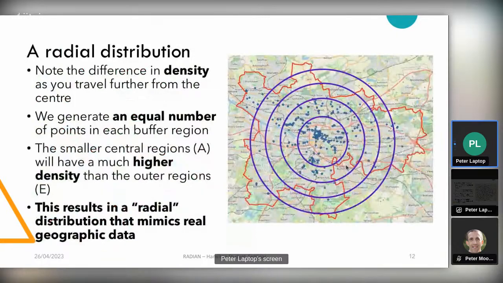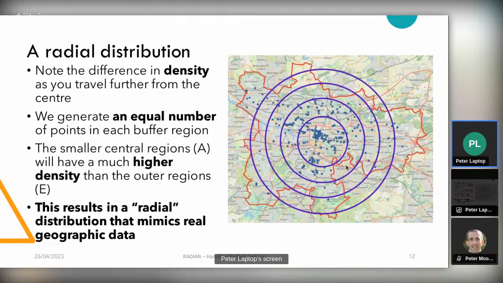So how we try to mimic this radial distribution, as we call it: in the example of the real data earlier on, we saw that for an area like Glasgow, points were centered towards the urban center, and the further you go away from that center, the density goes down. A simple way of mimicking this is by splitting up the region, initially anyway, into circular buffers. So these are all just concentric circles.